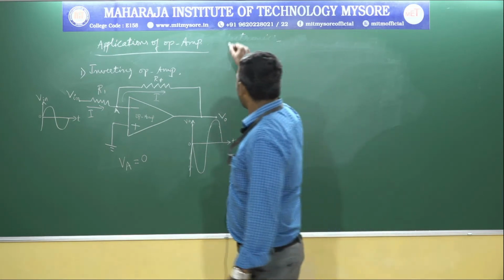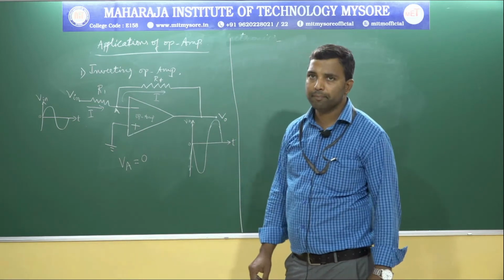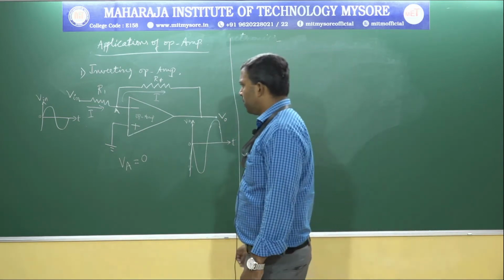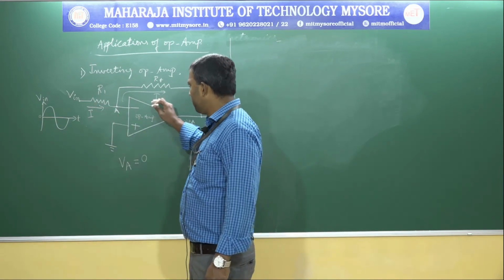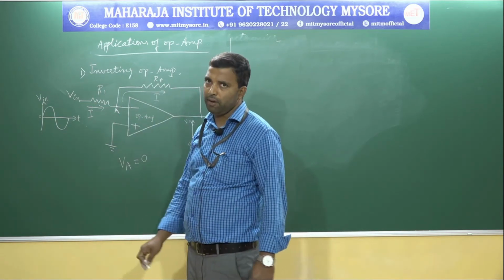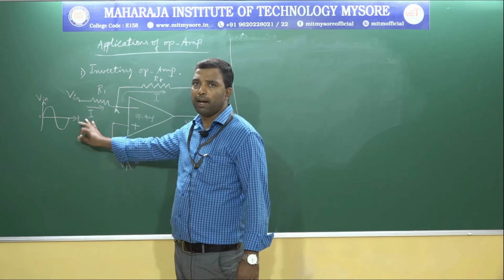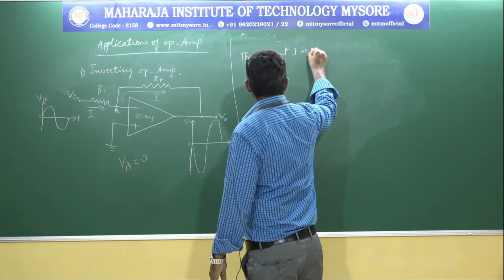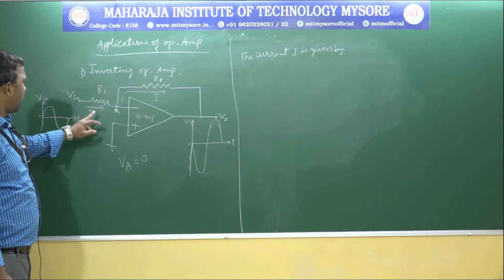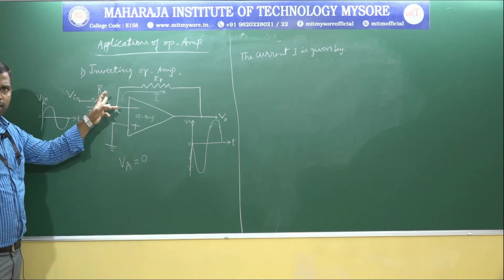Let us go for a derivation of the inverting op-amp. Let us consider that the current I flowing through R1 is the same current flowing through the RF. So here I am considering the expression for the current I. The current I is given by, from the circuit, the potential difference between these 2 points divided by the resistance.